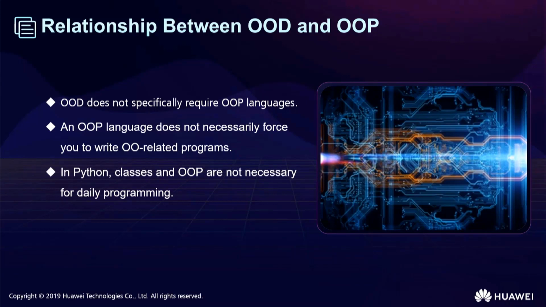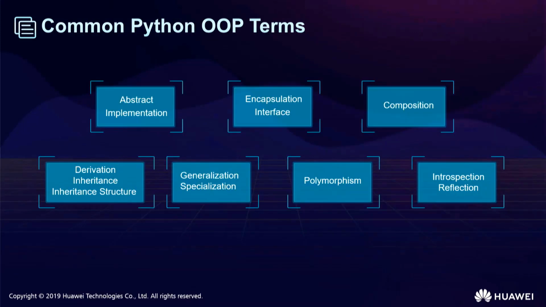Although it was designed from the outset to be object-oriented and structured to support OOP, Python does not require you to write OO code in your application. OOP is a powerful tool. Let's see some common Python OOP terms.